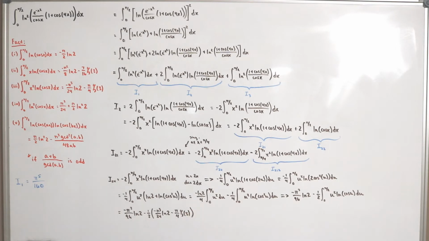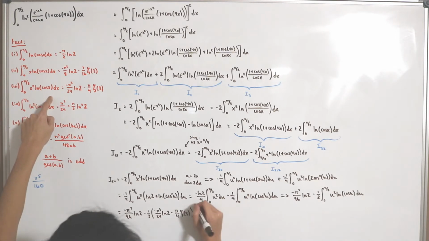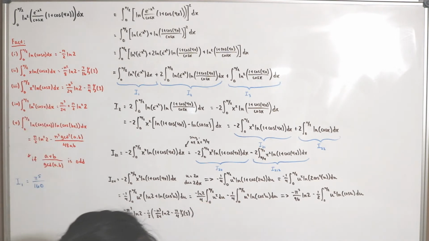Okay, and this is true by which fact number? This is by fact number 3. So I'll put it in red, this is by fact number 3 that this works.